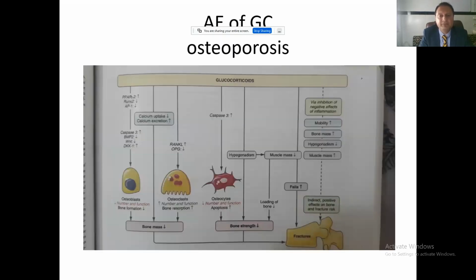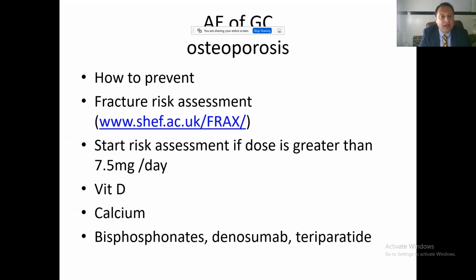So here's a beautiful picture which shows that glucocorticoids do cause osteoporosis through all those different pathways. Glucocorticoids actually reduce bone mass, reduce bone strength, and then if the patient becomes osteoporotic, the risk of fracture increases. How to prevent this?